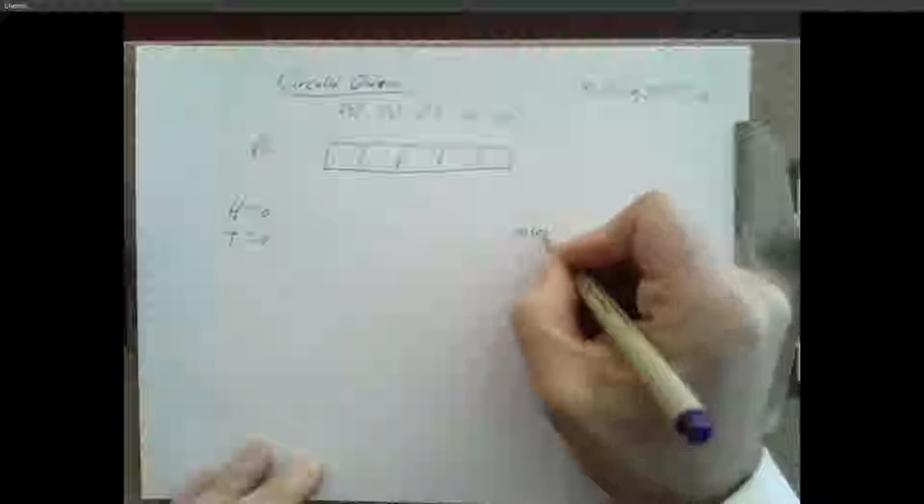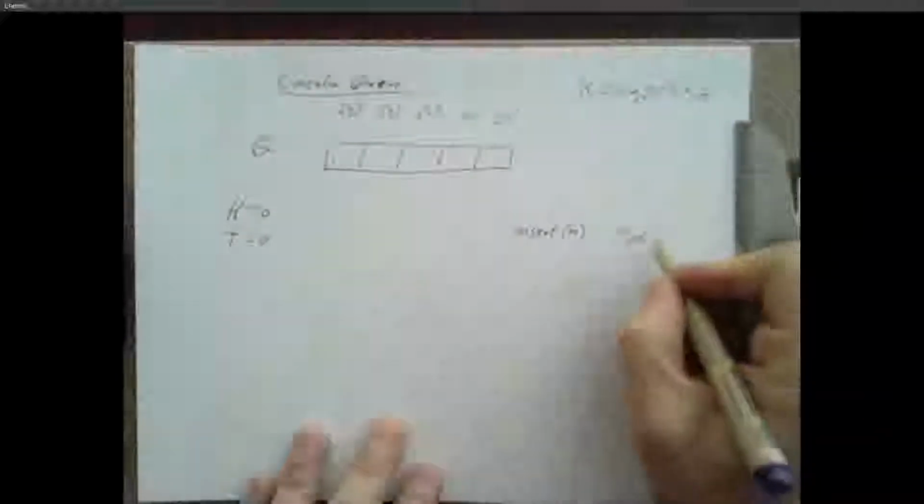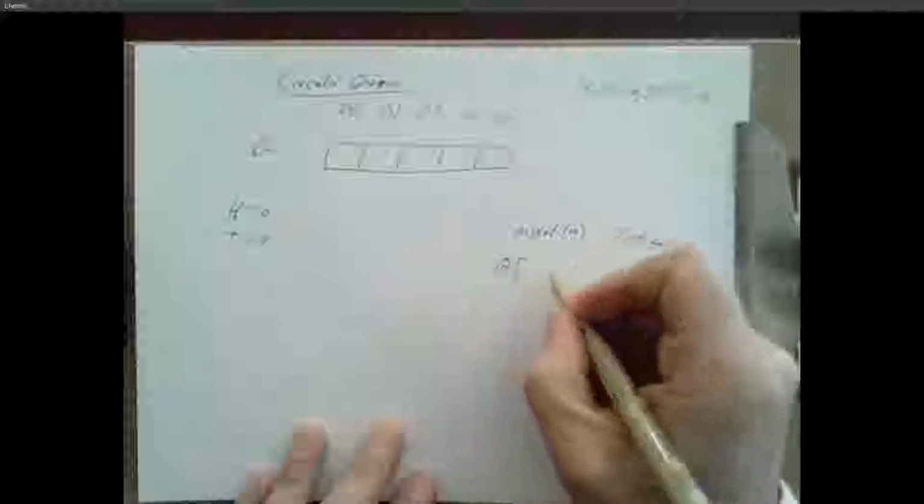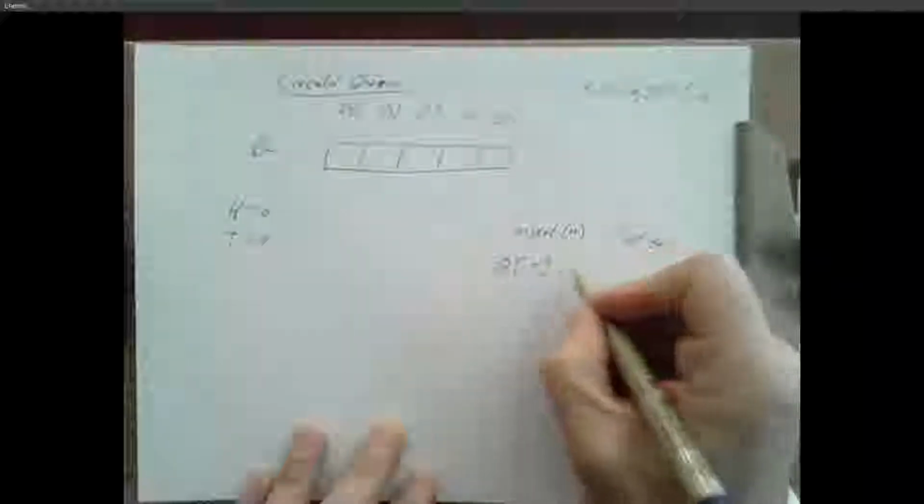So to insert, which end do we insert at, head or tail? Tail. All right, insert at the tail. So q bracket t equals n, and then increment the tail.